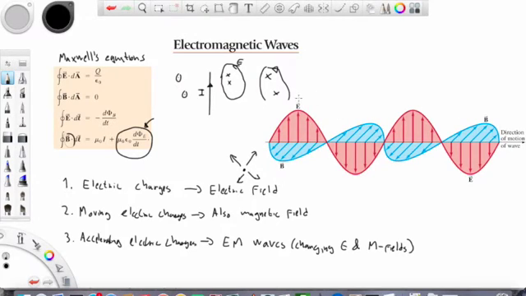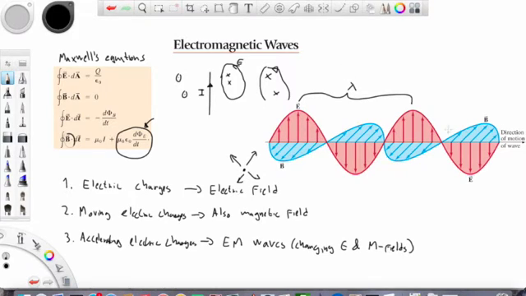Like any wave motion or sinusoidally varying wave, we can define a wavelength, lambda, and also a frequency at which these waves are oscillating.